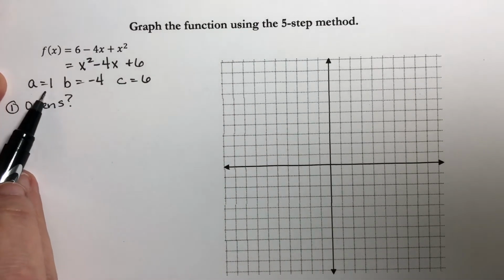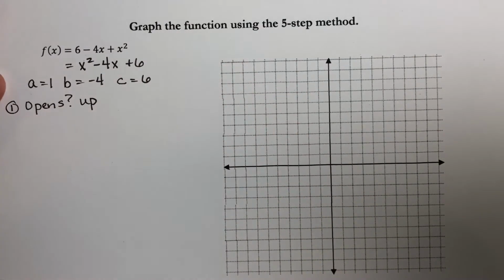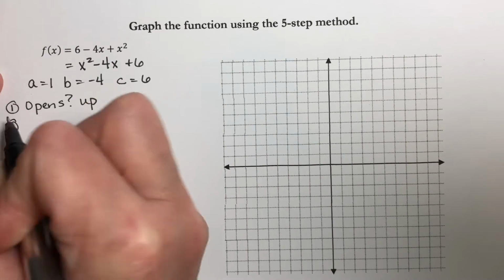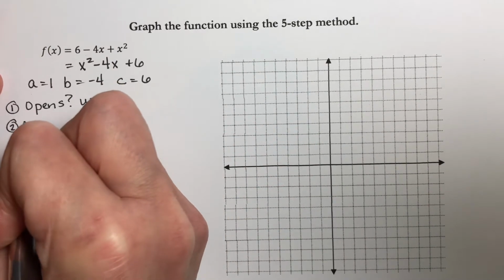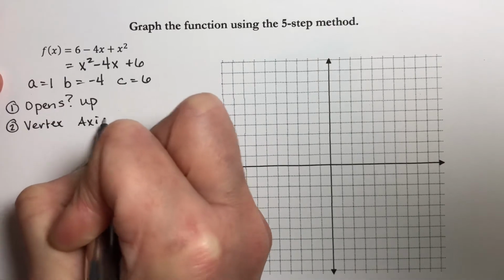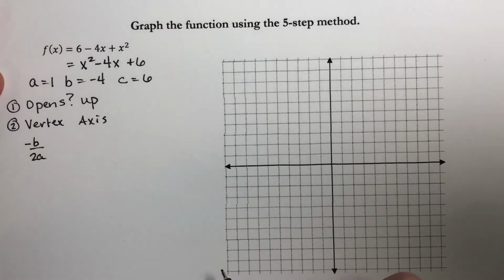Our a value is a positive number, so this should open up. What is our vertex? To find the vertex and the axis, I need to find -b over 2a first.